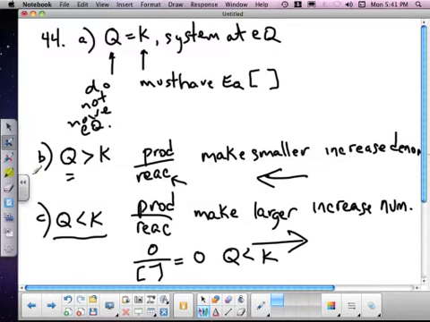All right. Moving on to number 50, which is actually a two-part, two different system question.